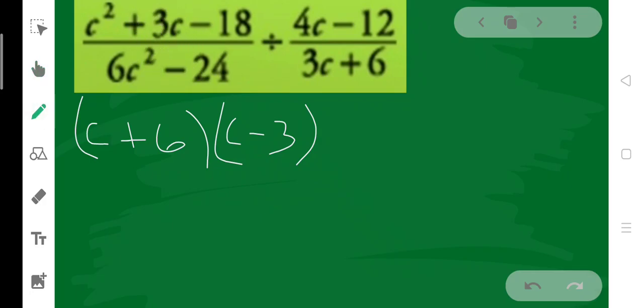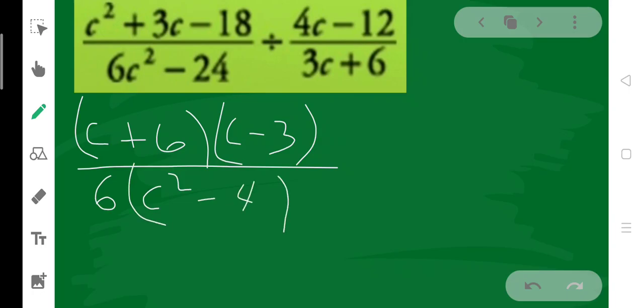And then for the denominator, we have 6 times c squared minus 4. Okay. Then for the divisor, the reciprocal would be in factored form 3 times c plus 2.